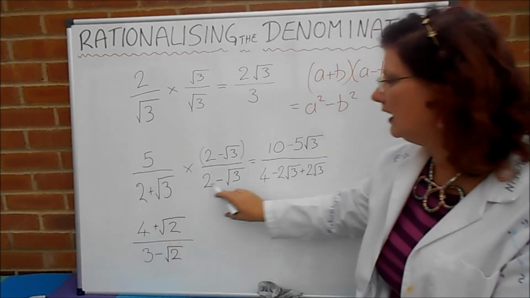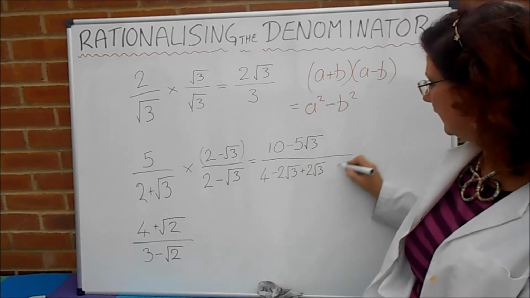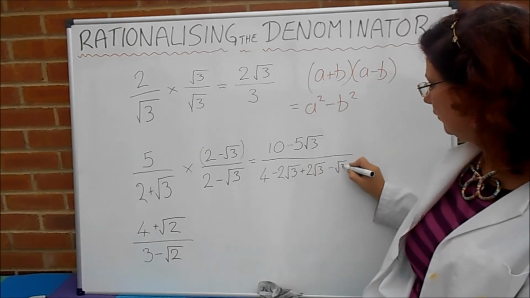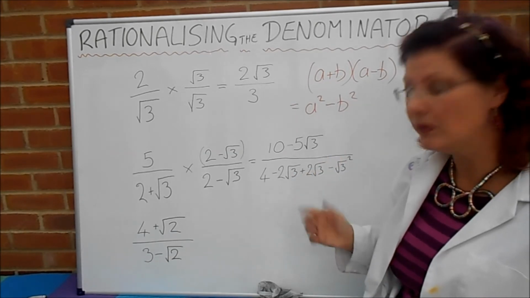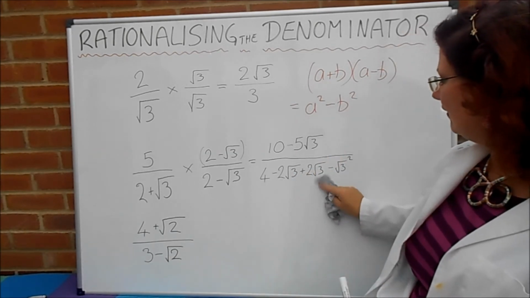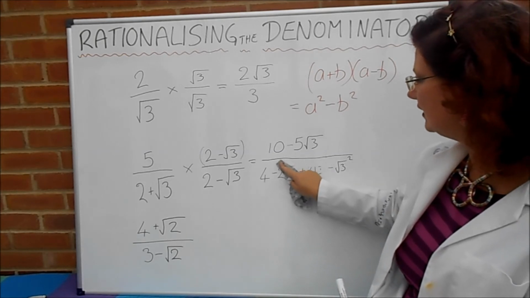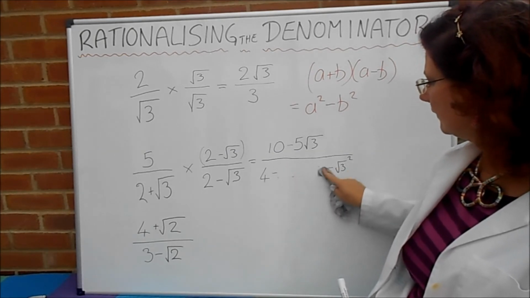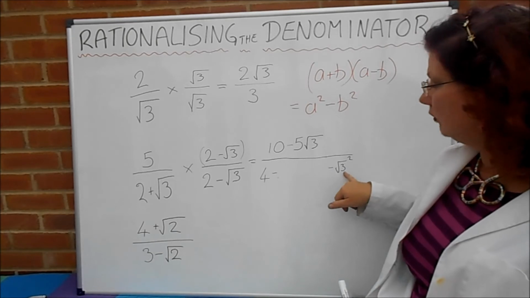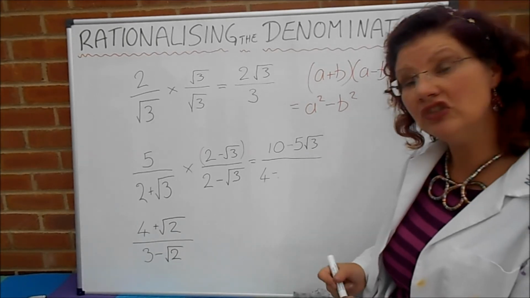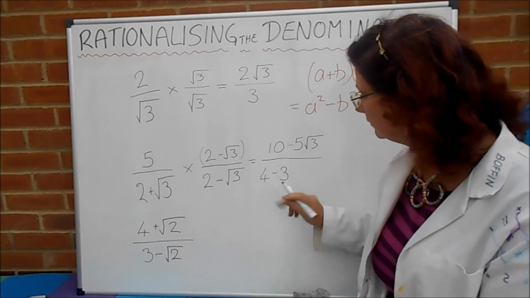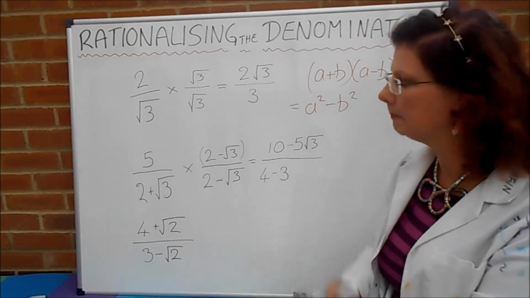And we get root 3 times root 3, take away root 3 squared. But of course these cancel out, so there's none of that. Those irrational terms disappear. And root 3 squared is just 3. Please note it's a takeaway.